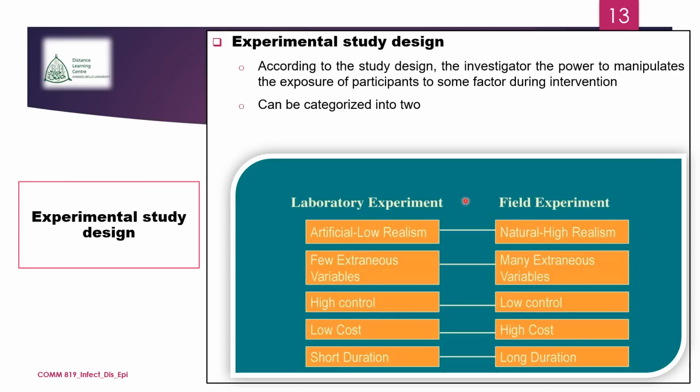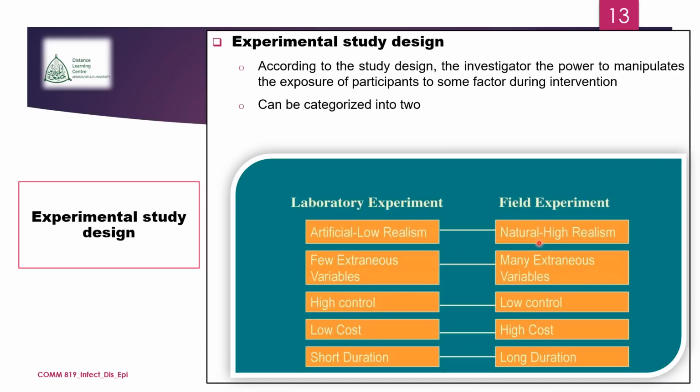The distinction between the two is that a lab experiment is generally artificial in nature. You control the temperature, you control things, you induce the disease, you understand. So it has low realism. It's not real, there's artificiality in it.